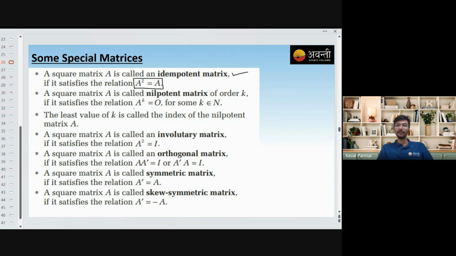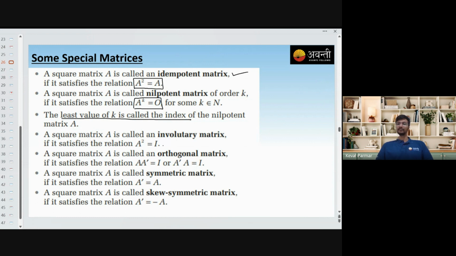That means when we multiply the matrix K times, we get a null matrix, where K is the number of times that we multiplied the matrix. And the least value of K is called the index.